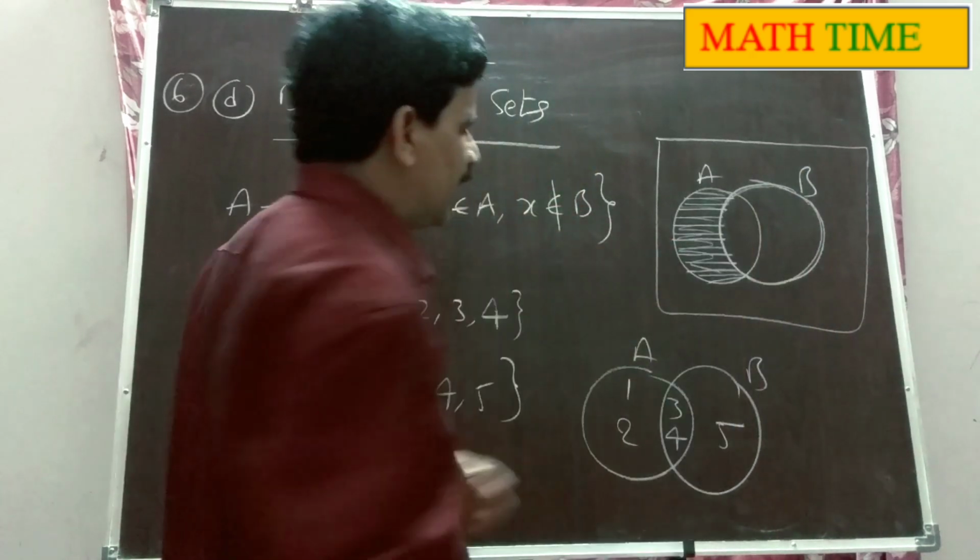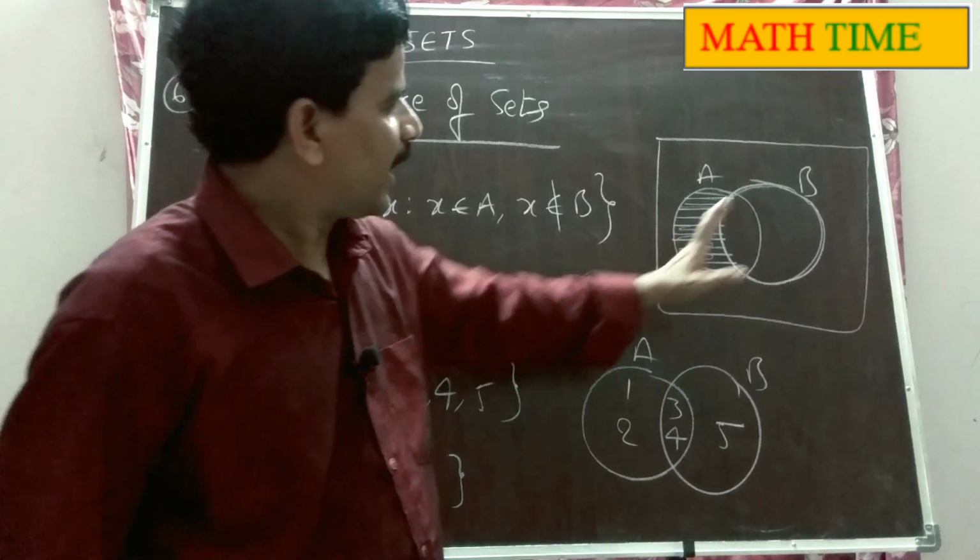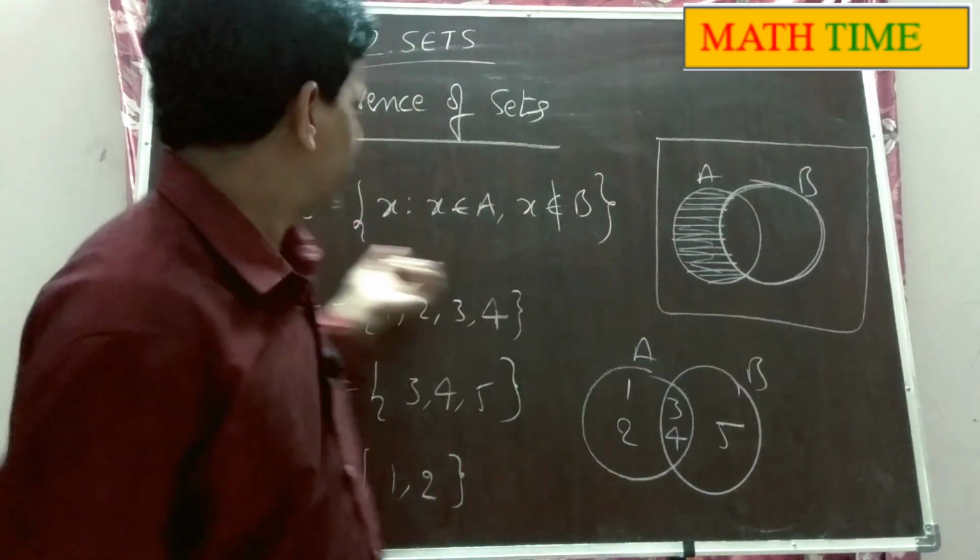We are taking the elements of A which are not common to B as A minus B.